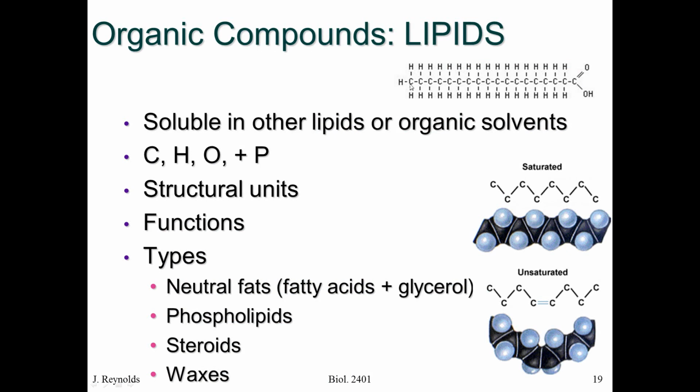You see this really long carbon chain. There can be dozens of these, and you'll notice there are all these hydrogens sticking off of them. This is called a fatty acid right here. I'll show you a picture of a neutral fat in just a minute, but let me talk about two different kinds of fatty acids. If you look at the picture at the right here towards the bottom, you see two different fatty acids.